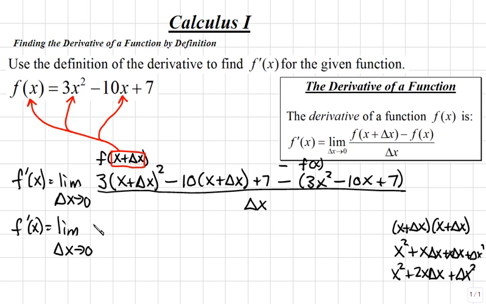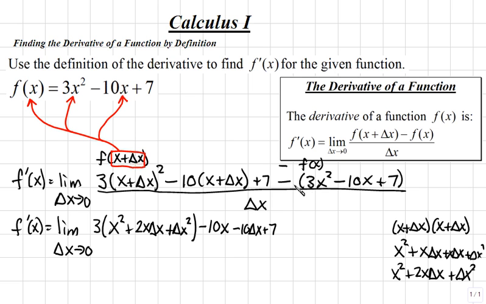So we'll write down in our problem that this is 3 times that expansion. This becomes x squared plus 2 times x delta x plus delta x squared. We'll distribute the minus 10 to the x and the delta x to become minus 10x minus 10 delta x plus 7.